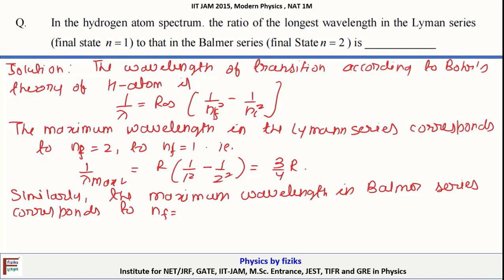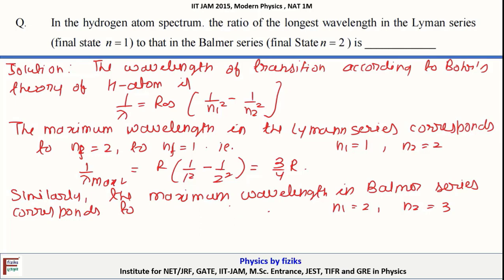Here you should change it. Make a correction to the formula. In general, it would be 1 by n1 square minus 1 by n2 square. For the Lyman series, n1 will be 1 and n2 would be 2. For the Balmer series, n1 is equal to 2 and n2 would be 3. So we are just making it in terms of n1 and n2.